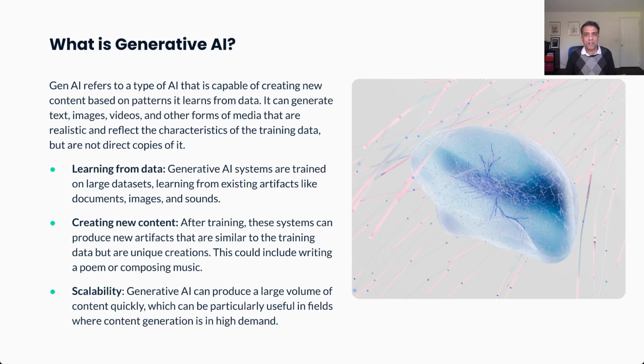After this training process, the AI can then generate new, unique content that reflects the characteristics of the training data. This could include writing an original poem, composing music, or producing realistic images. In other words, Gen AI can create content at scale. This makes it a really powerful tool for a wide range of applications, including business applications.